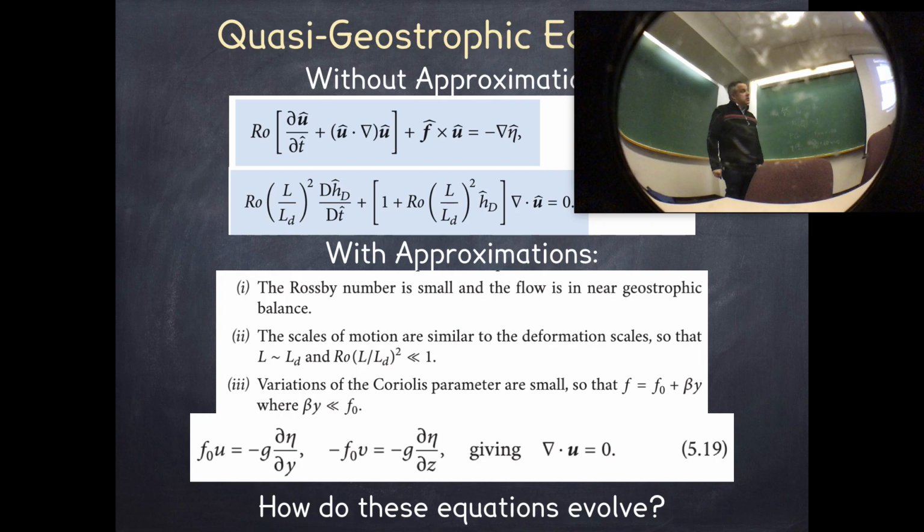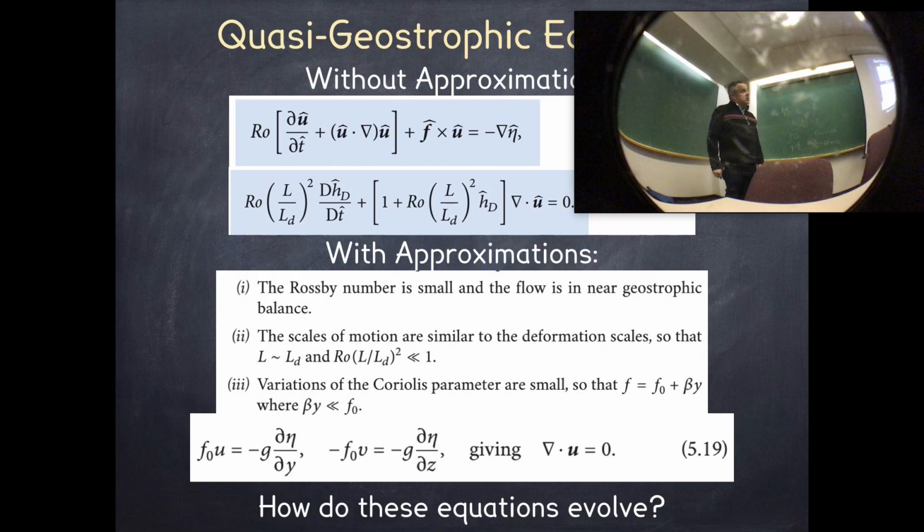Let's write the first one out because it's Rossby. (f0 + beta y) cross u equals, I'm not going to write the little hats, I'm just rewriting that equation.